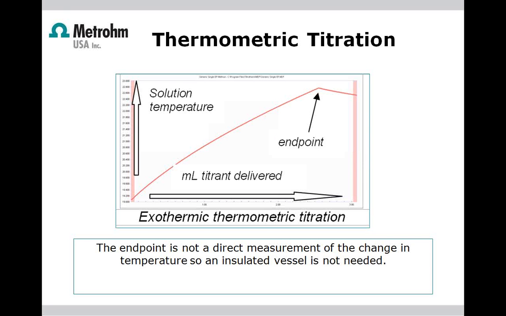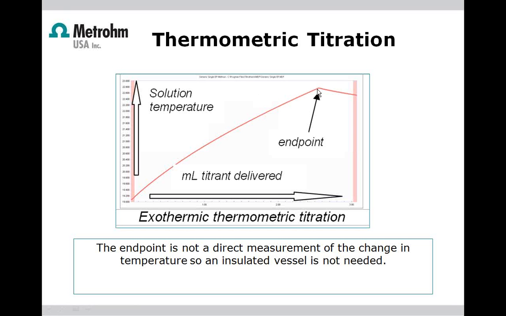Now this chart shows a typical thermometric titration, and the red curve that you're seeing is an exothermic reaction. Now as the titration progresses from left to right, you'll see that the heat is generated, and that is indicated by this increase in heat or this increase in the slope of the curve.